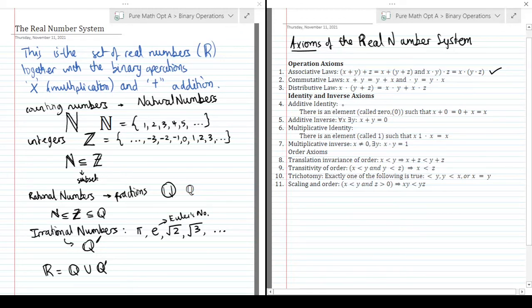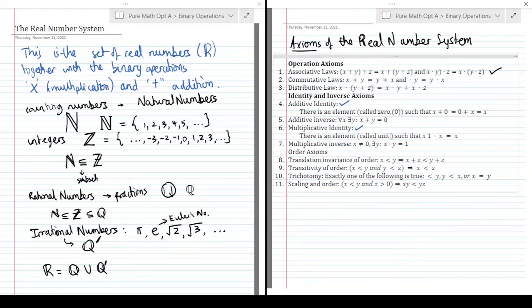So we spoke about the additive identity. Let's talk about the multiplicative identity. There is something called the multiplicative identity, which you actually call unity. Another way to say unity is to say 1.